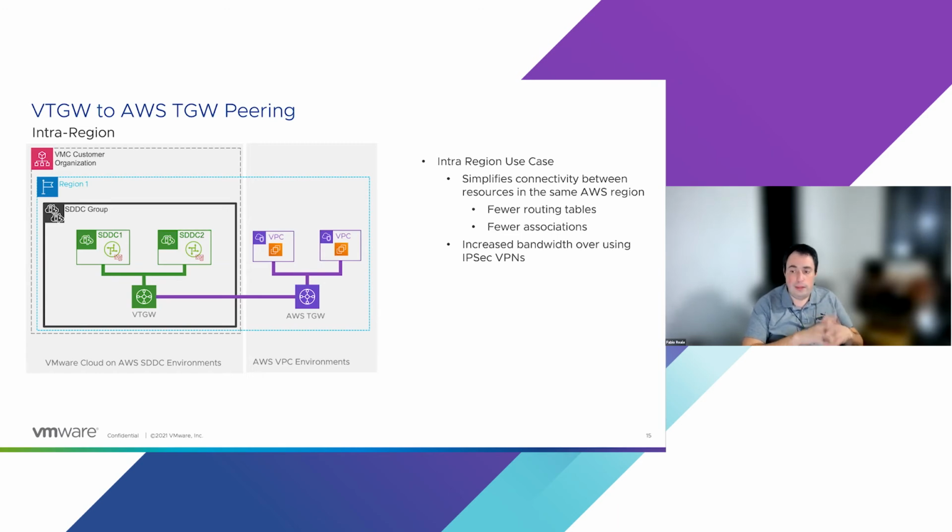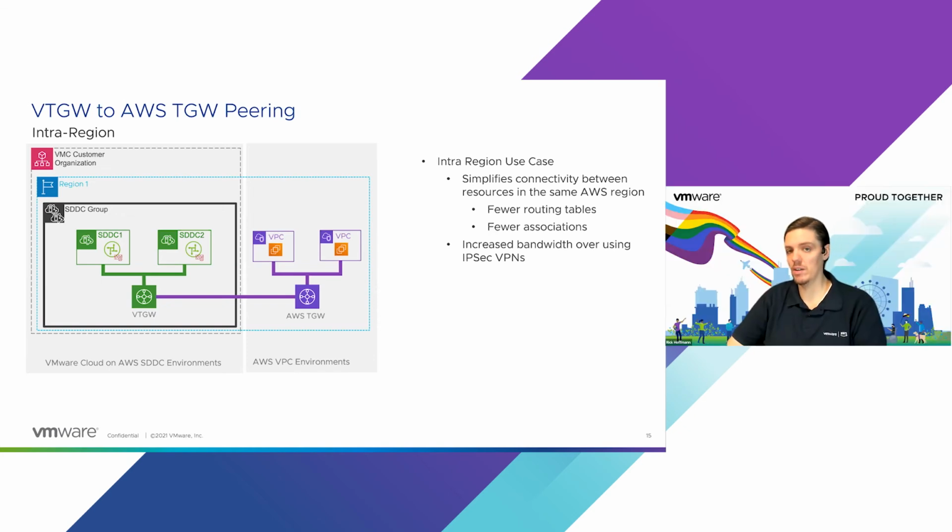Just reach your CSA or your CSM, and we will help you get that feature enabled on your SDDC. And even if you don't have a customer success manager or a customer success architect, you can just reach out through chat and say, hey, we want to have this feature enabled, and they will do that for you as well. So in case you don't have customer success, just to add to it. Perfect. Thanks, Fabio.